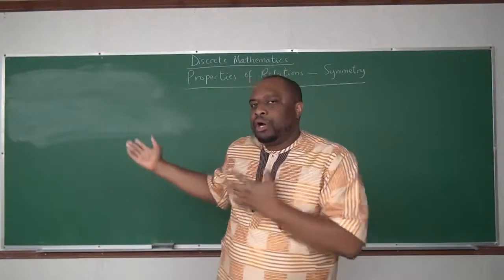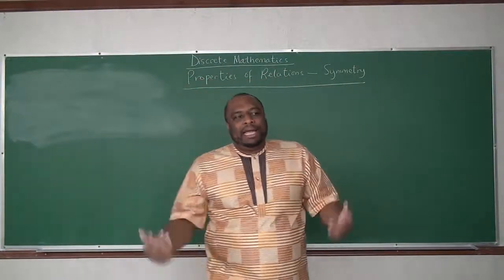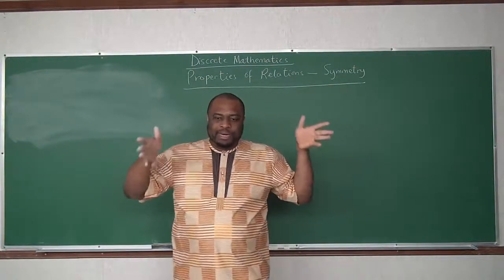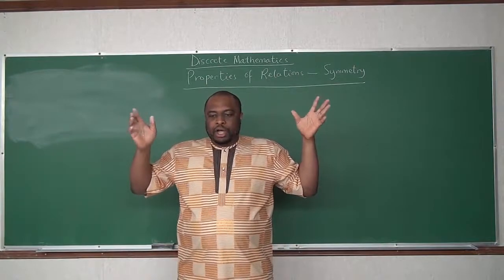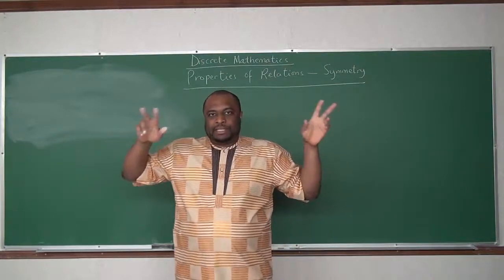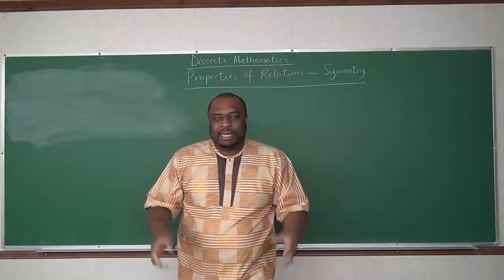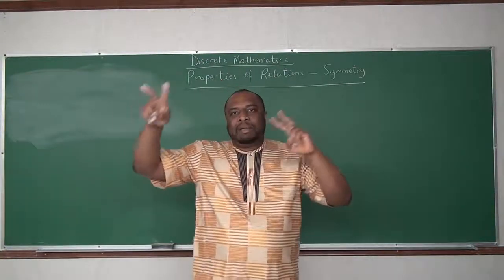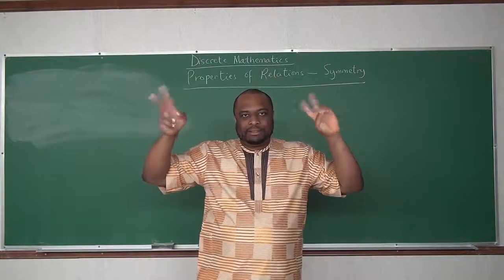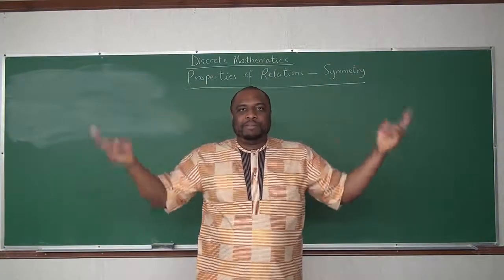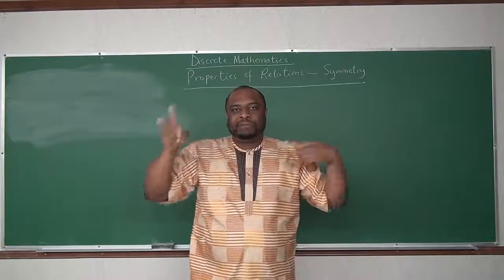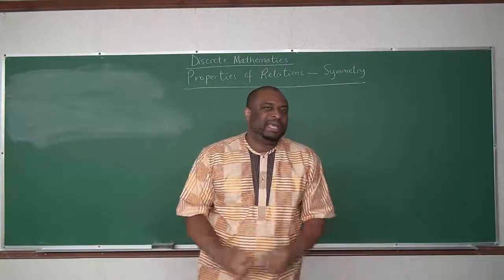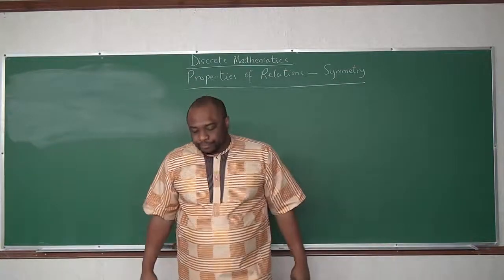When we talked about relation, it could be a set of ordered pairs of two elements of a set, or two elements of two different sets. But it's an ordered pair whenever we talk of relation, a set of ordered pairs.